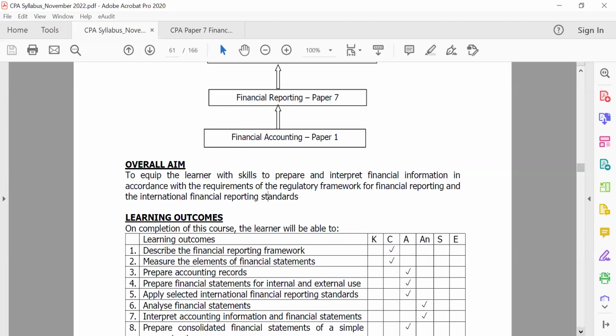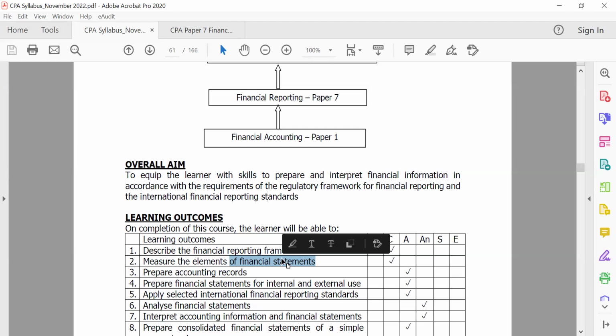So when somebody says elements of financial statements, the first thing you should ask yourself is, what are the financial statements? The financial statements that we have, of course, are the statement of financial position, the statement of comprehensive income, the statement of cash flows, and the statement of changes in equity. Of course, the notes to accounts also come into play, but we will not dive so much into those.